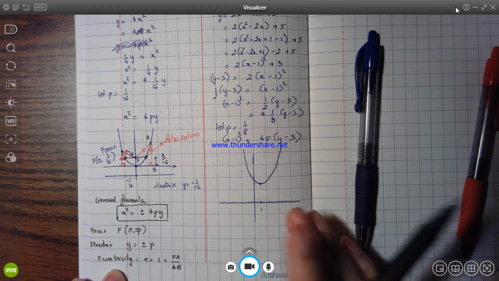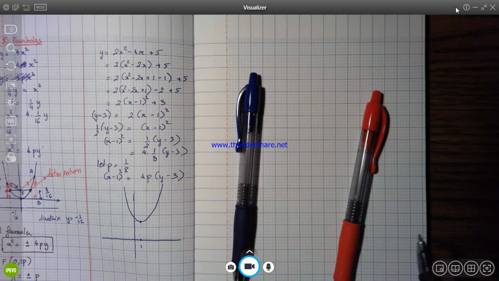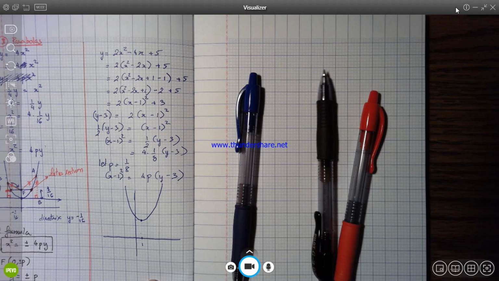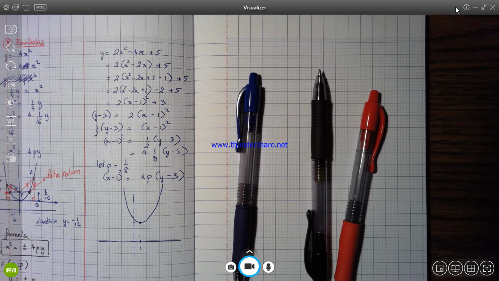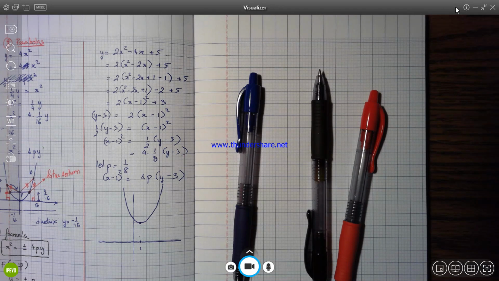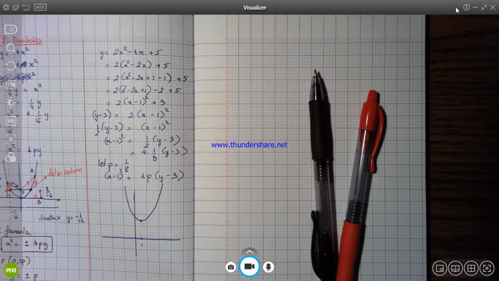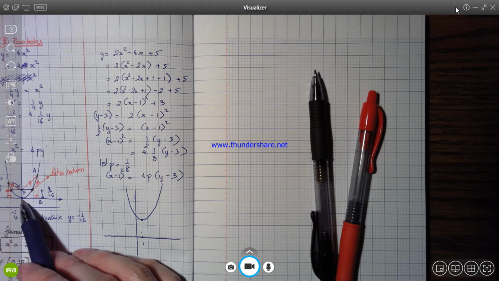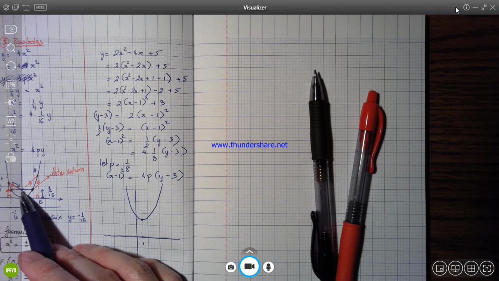Okay, now let's go to this one. Right now the vertex is not at 0 anymore. It's not at the origin anymore. The vertex is at (1, 3). P is the distance from the vertex to a point inside the parabola.